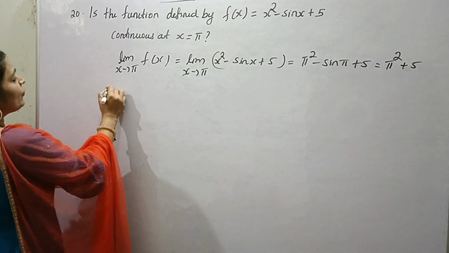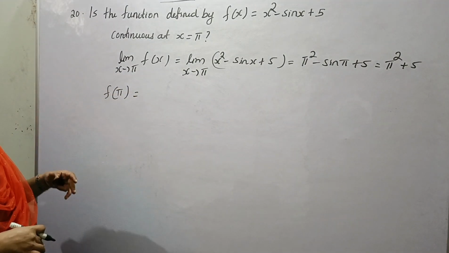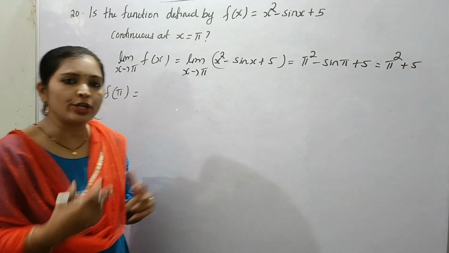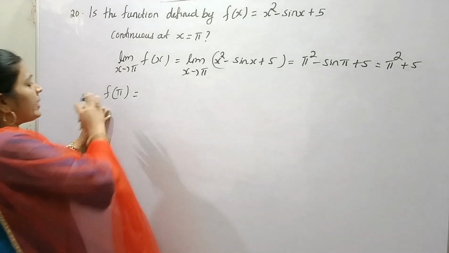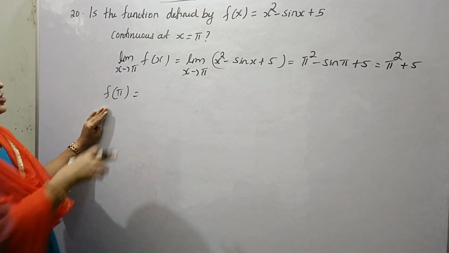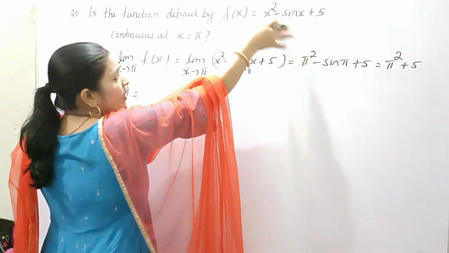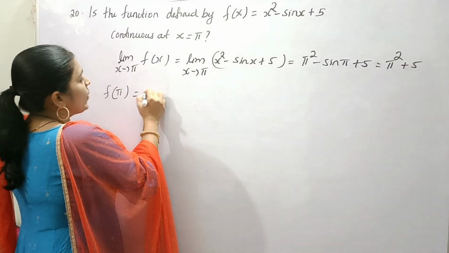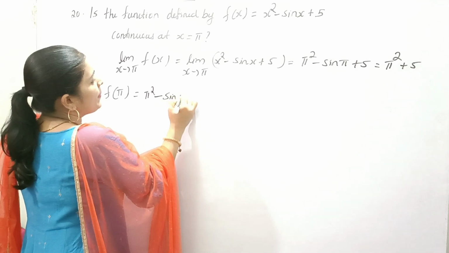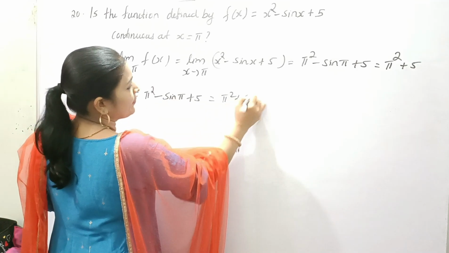Now let's find the value of the function f of pi. Here we have to check whether this function is continuous at x is equal to pi or not. F of pi: f of x is equal to this one, so replace x with pi. So pi square minus sin pi plus 5, that is equal to pi square plus 5.